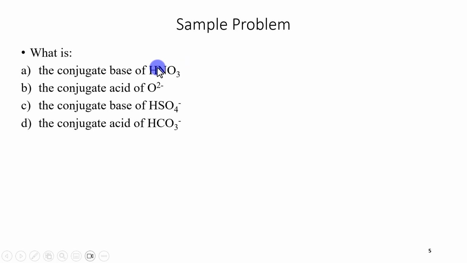So I go from 0 minus 1, which gives me NO3 minus. Here's the conjugate base of this acid. I've lost that proton, the hydrogen, but I've also lost a positive charge. So I go from 0 minus the 1 that I lose with the hydrogen, going to minus 1. Of course, I don't write the minus 1, but that's what it is. I will give you a chance to try your hand at B, C, and D.